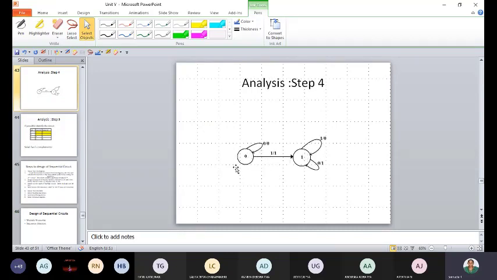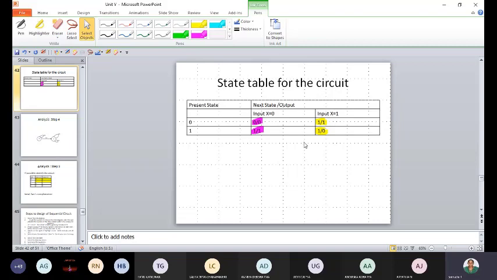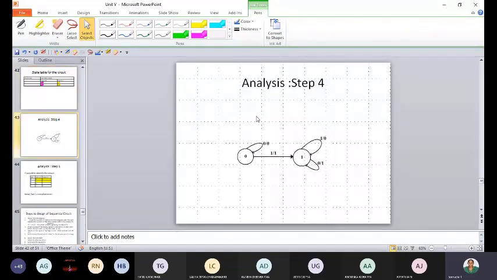As I already said, the first case is I have to look here at the next state and the output. And here, what is the 0 slash here in the state diagram?